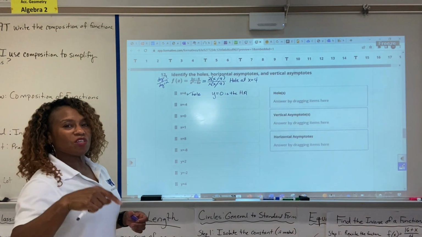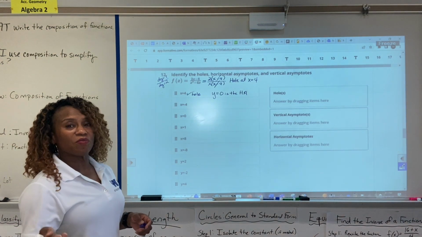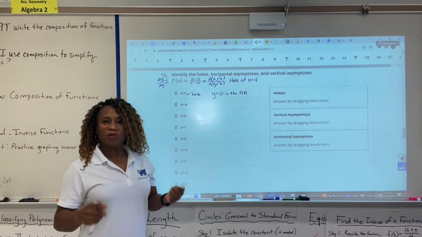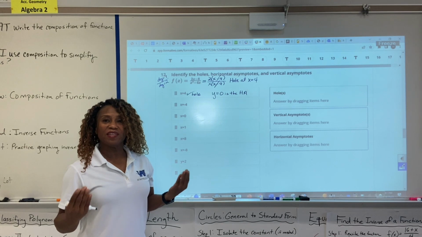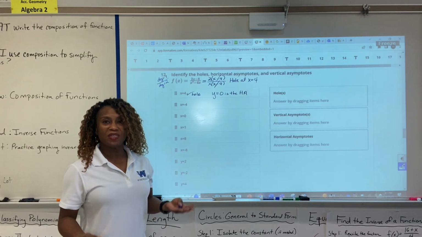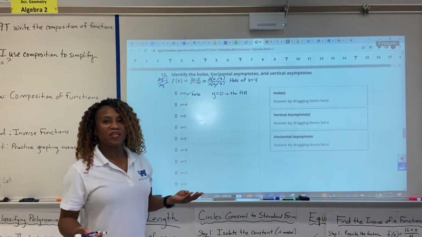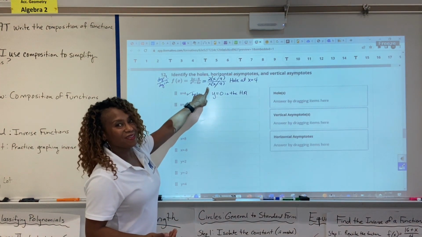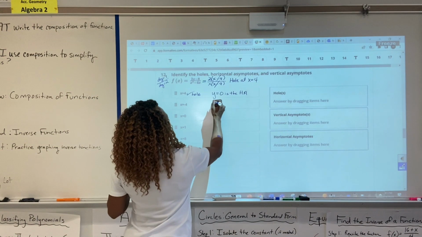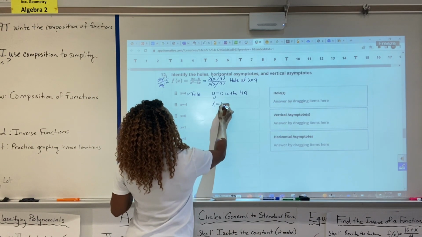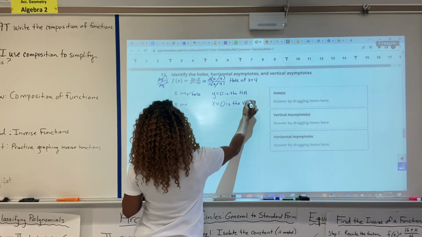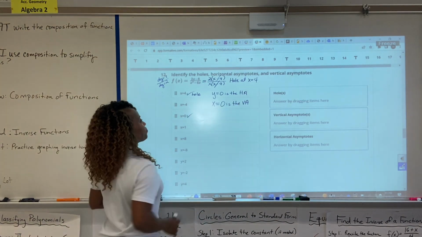We're going to solve for the vertical asymptote. Keep in mind that the definition says that you set the denominator equal to 0 and you solve for x. Well, my denominator in this case is x. So if I set that equal to 0, that will be the vertical asymptote, which is this one.